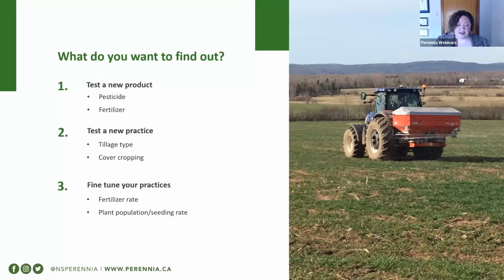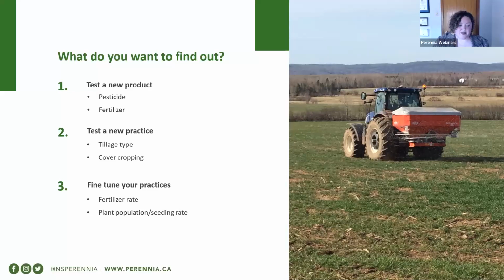The key here is that you want to choose one yes or no type question. It's really easy to get bogged down in the details and looking at too many factors at once. So it's best to keep it really as simple as possible. You should also have an idea of what might happen when you're doing this trial, so a hypothesis.